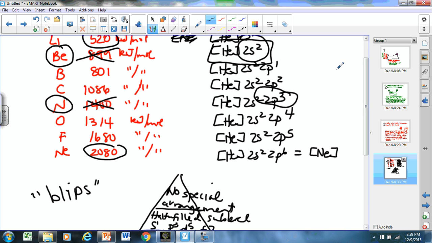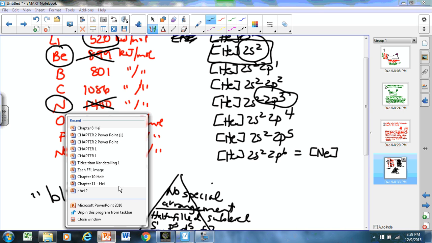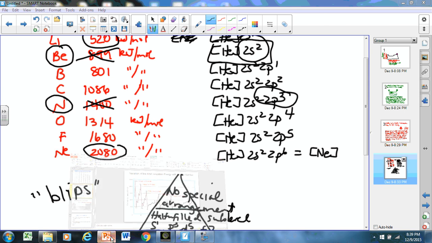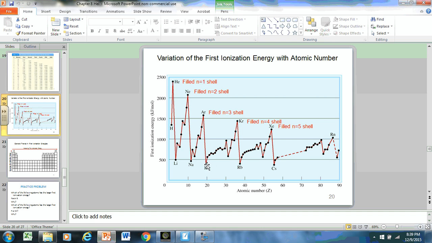So if you look here, going back to this PowerPoint, you'll see that the noble gases, which is the most stable arrangement, they're at the top. The blips are caused by s2, p3, d10. Otherwise, if you take out the blips, we have pretty perfect trends.